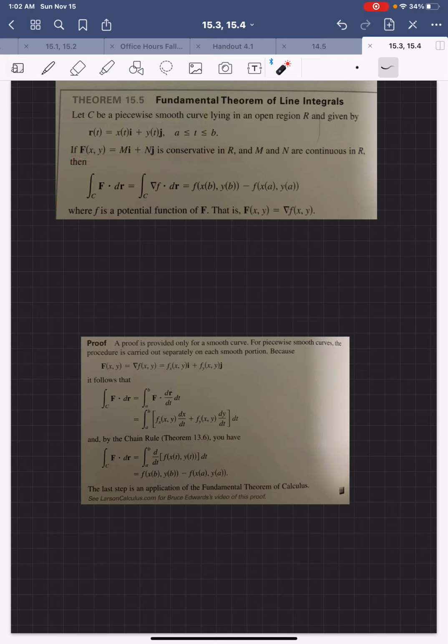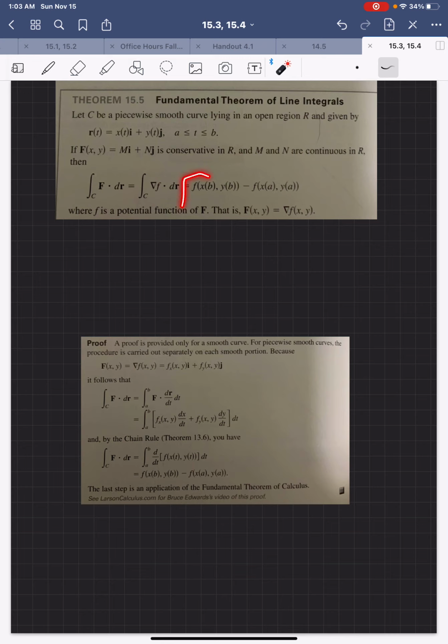But once we have those assumptions, we can find the work done by simply using that potential function for that conservative vector field and evaluating it over the interval, or at the points if you happen to have the points.